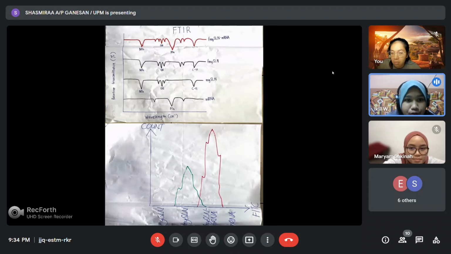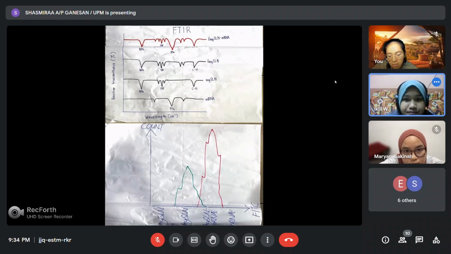Next, the graphs for MySLN and FMySLN are mostly identical, except there is additional thickness present on the FMySLN graph. This is because, like I mentioned, FMySLN is a similar nanoparticle to MySLN, but with the addition of fluorescent coating.